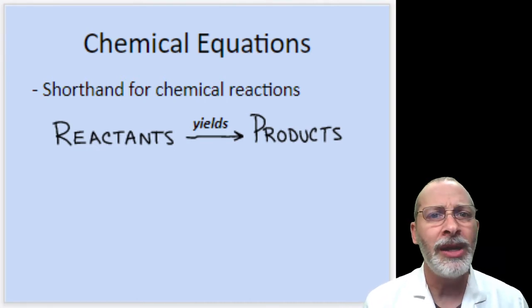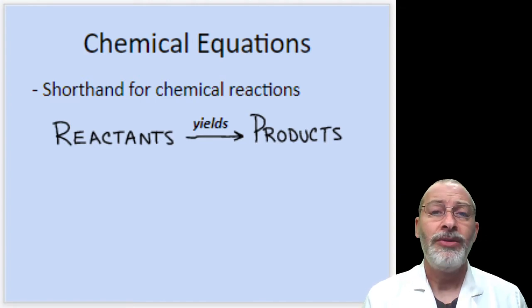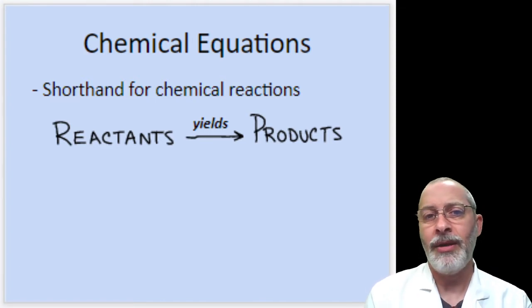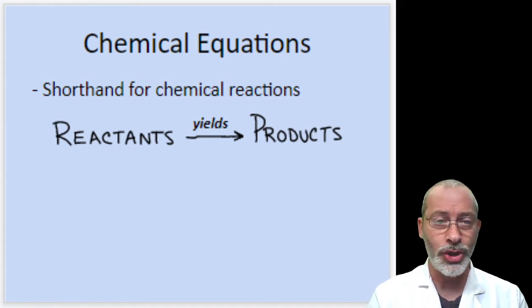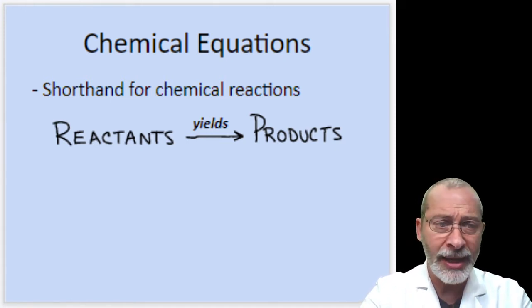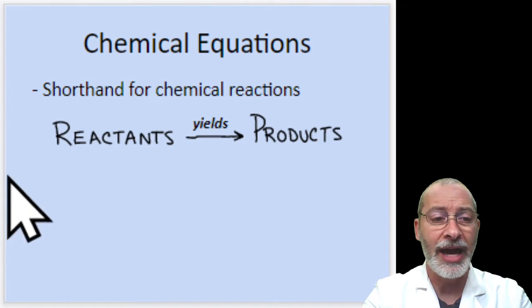You'll see what I mean as we go along through this topic, but I've written basic components or parts of all chemical equations. And again, remember that chemical equations are a shorthand for a chemical reaction.